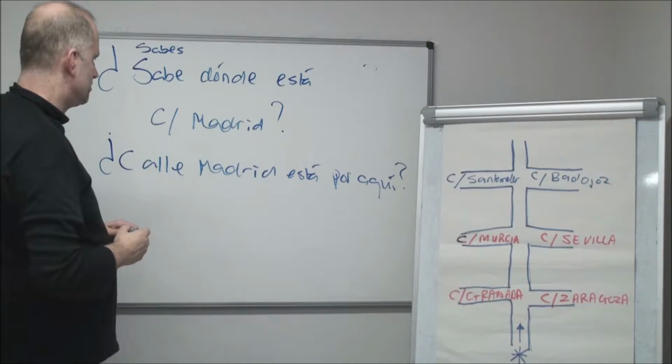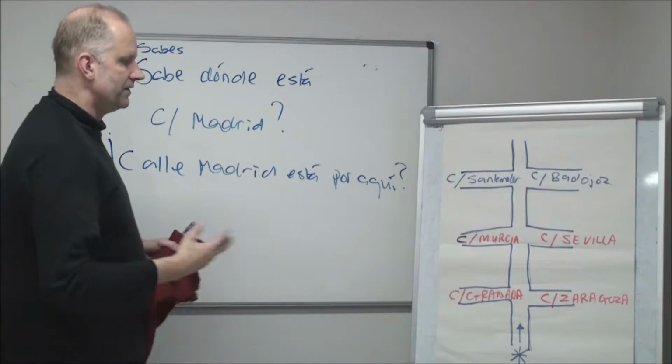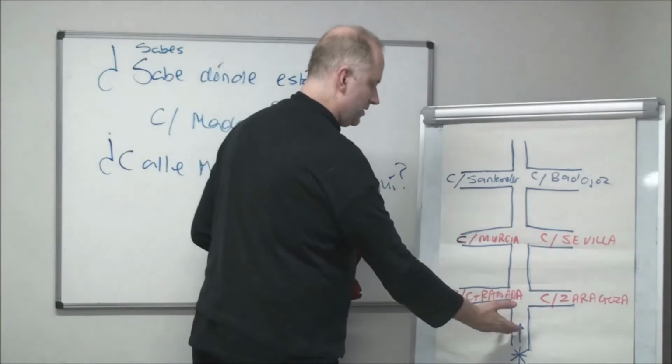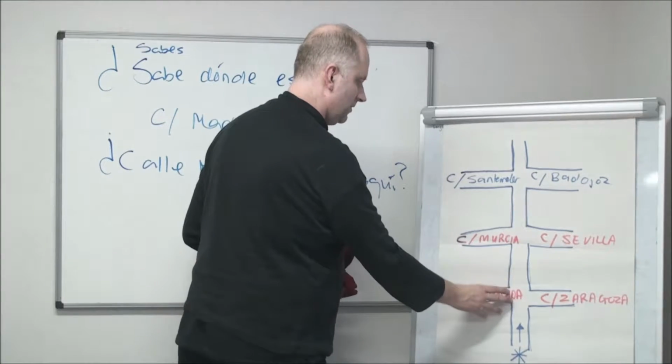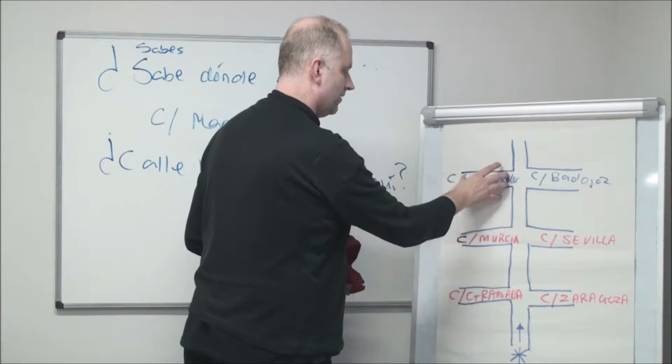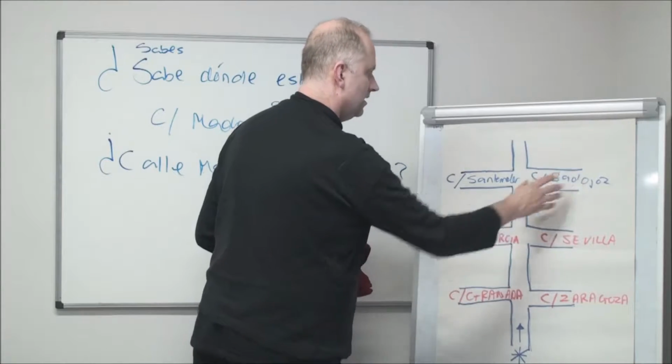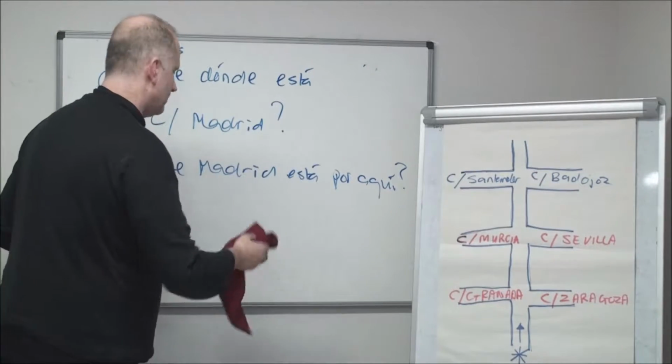So that's the question. If it's a really simple one like this, it would just be a case of go straight on and it's the first left, second left, third left, first right, second right, third right.